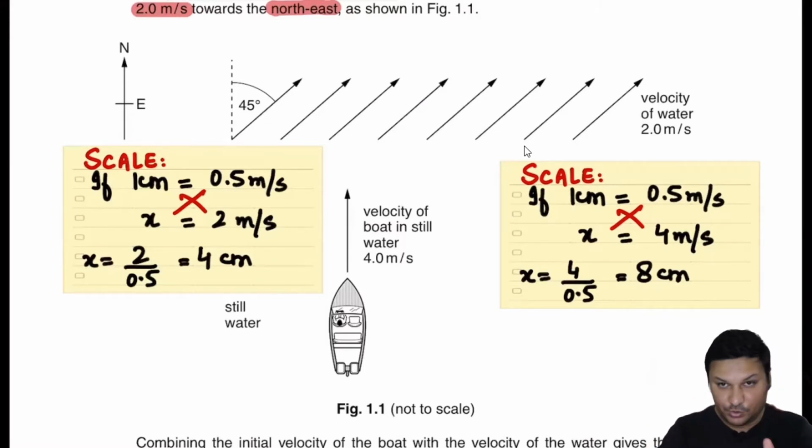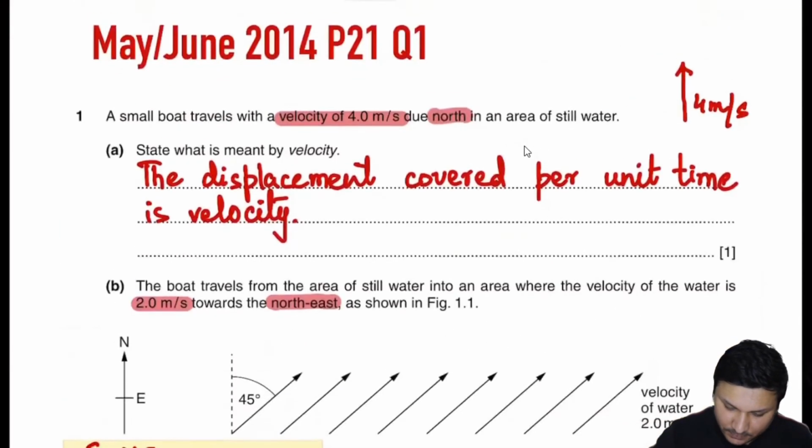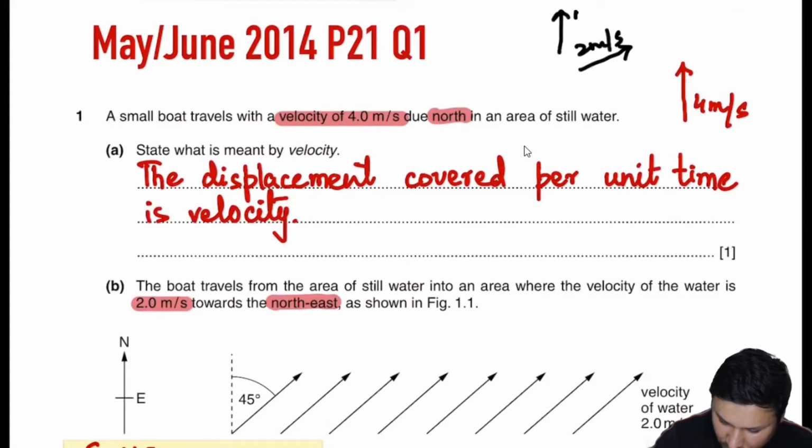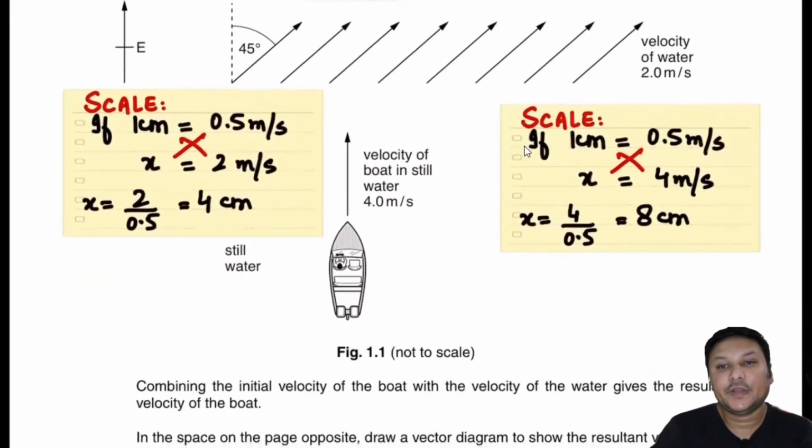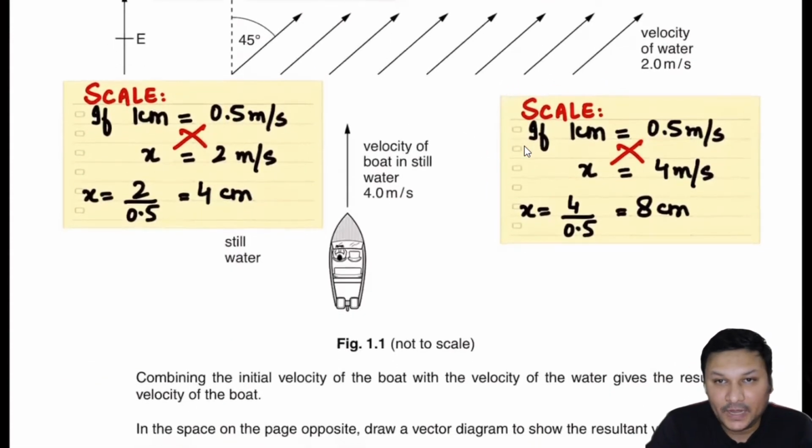So since we are following tip to tail rule, but first let me draw a dummy vector, that is 2 meter per second. This is north and this is east. Okay. So if we are following tip to tail rule, I have to select one vector as first vector.